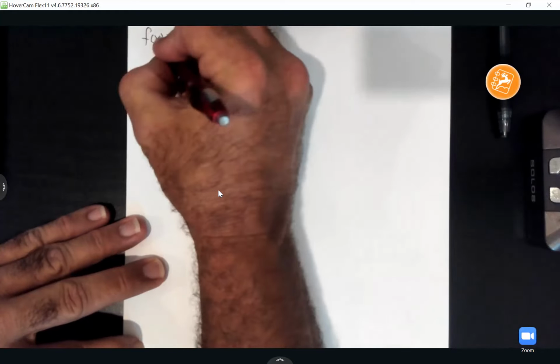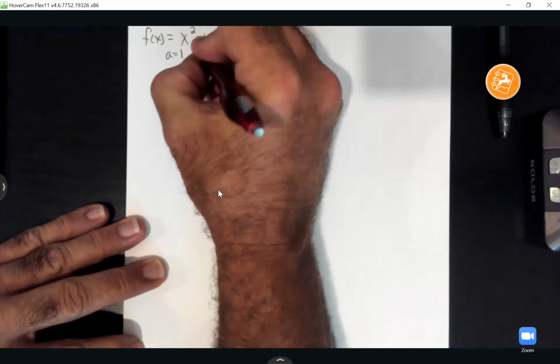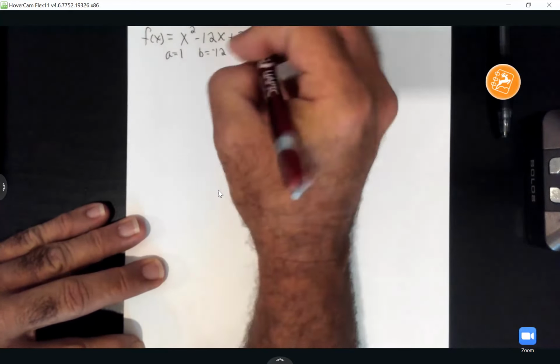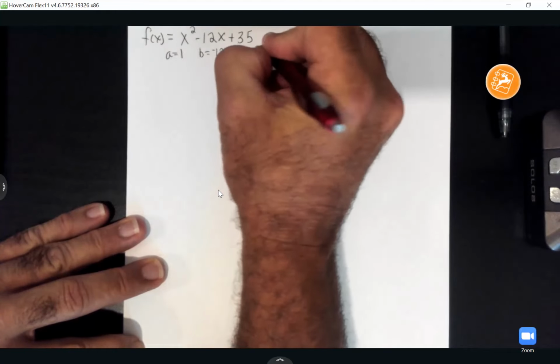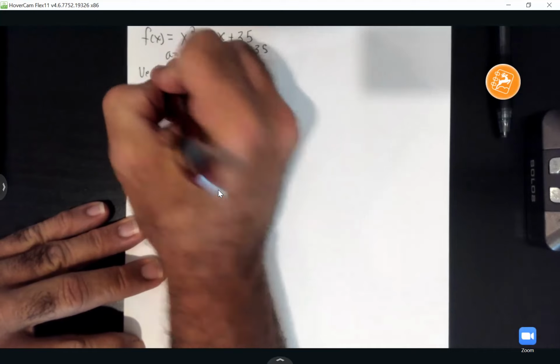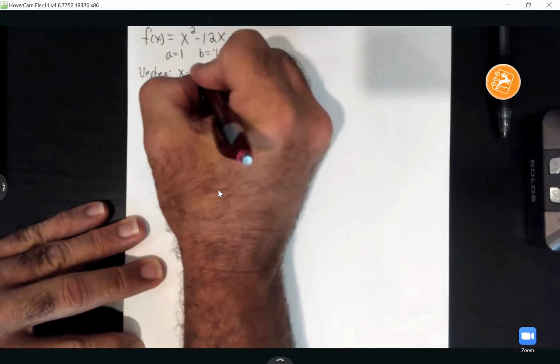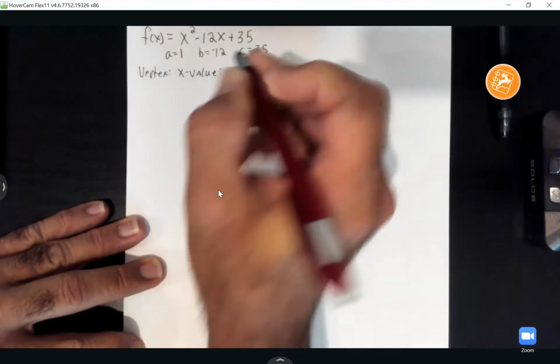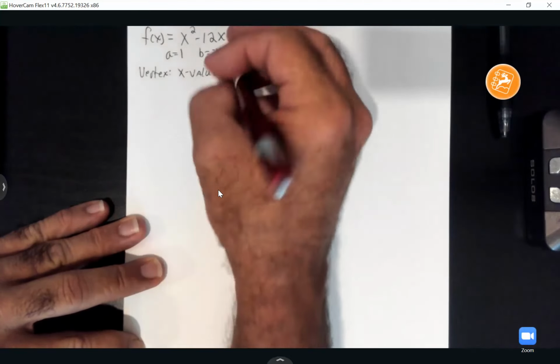All righty, so a for this one is 1, b is negative 12, c is 35. So I'm going to find my vertex first, and I'm going to get that x value. All right, y'all, so that's negative b over 2a.